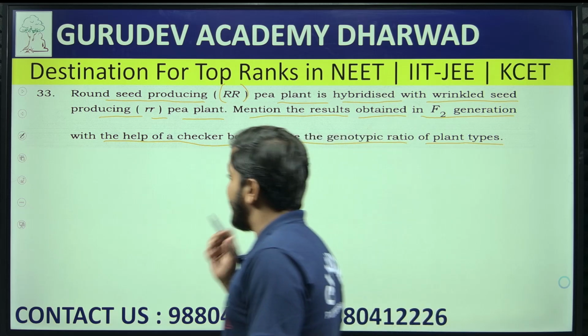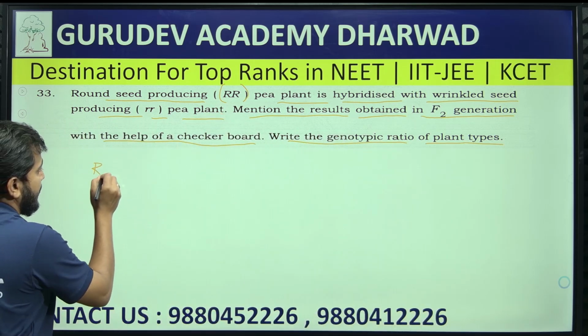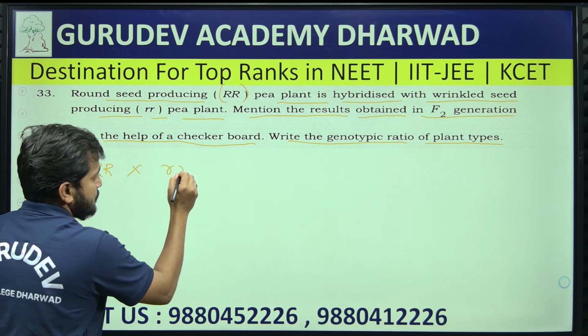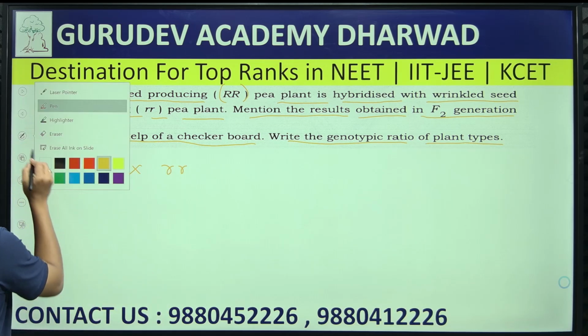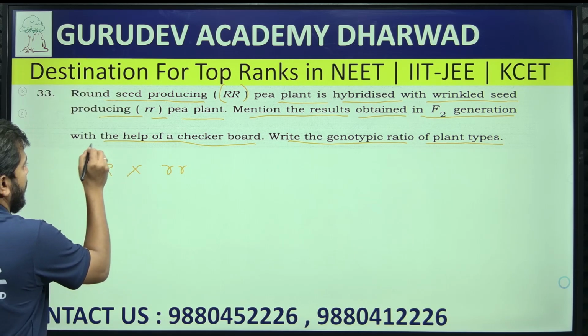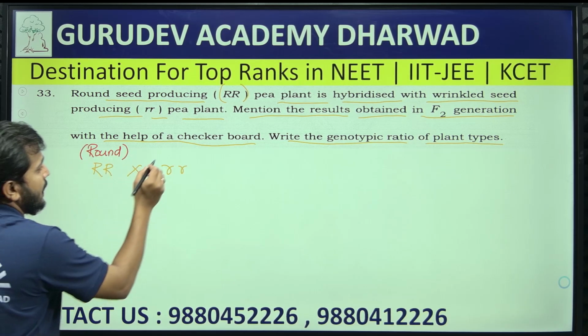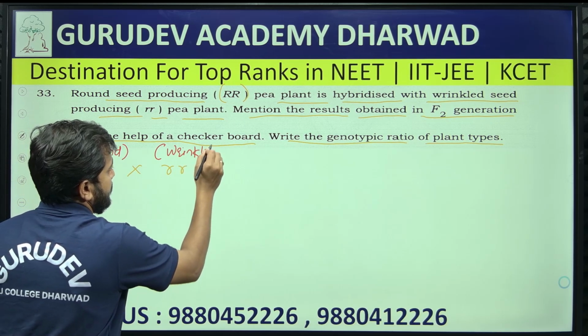What we have to understand here is that they have mentioned capital R, which is crossed with small r. This capital R is round, that is the phenotype, and here it is wrinkle, right?